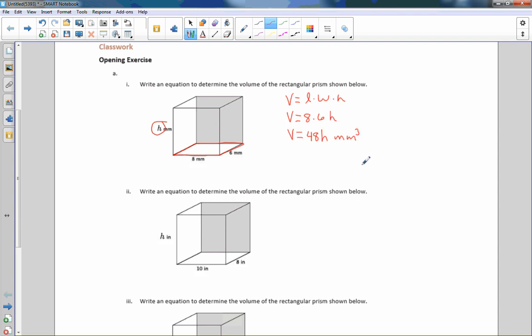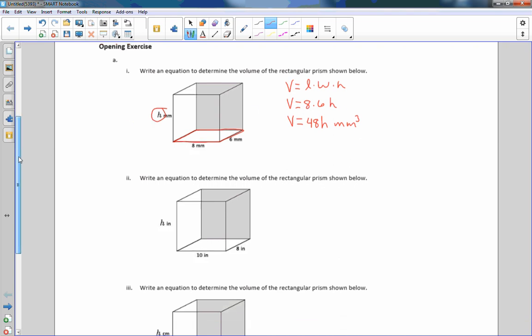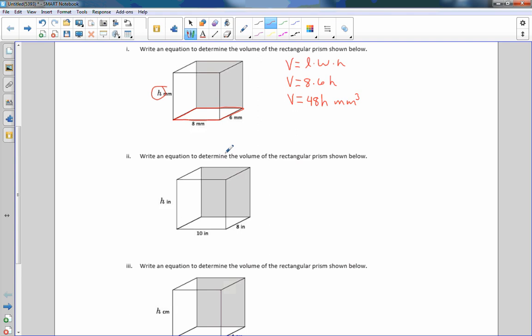Okay, so that is the volume of that rectangular prism, 48h. Number 2, it says write an equation to determine the volume of the rectangular prism shown below. Okay, so now we're going to write the formula again.